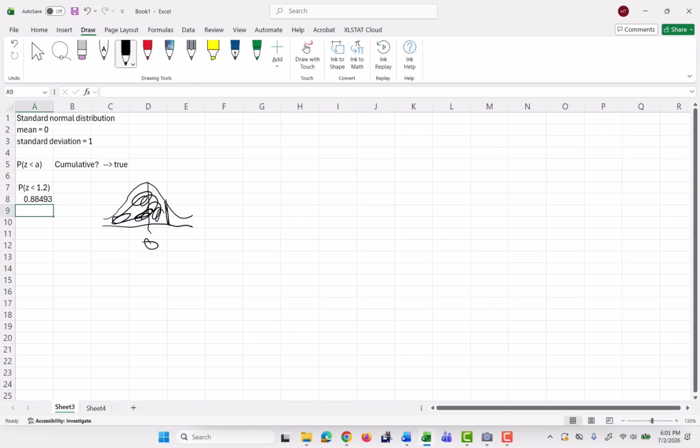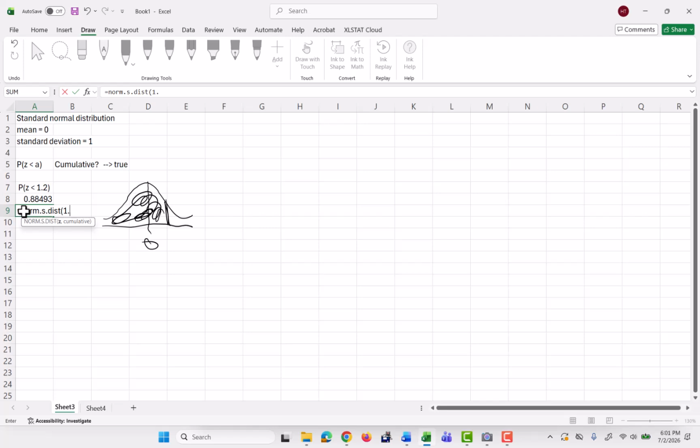Now, there are actually two separate functions in Excel. Here I used the regular normal distribution function, so I had to put in the mean of 0 and the standard deviation of 1. But I could also use a standard normal function, NORM.S.DIST. The S in the middle is for standard.